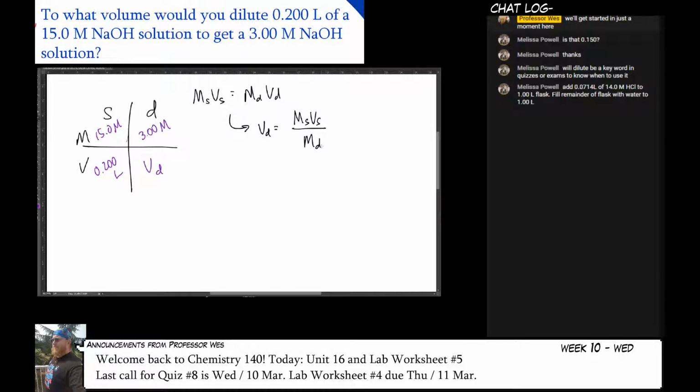So we'll do algebra. We'll just rearrange the equation, and then we'll plug in our numbers. So there's the molarity of the stock solution and the volume of the stock solution divided by the molarity of the dilute solution. That should be a dot.